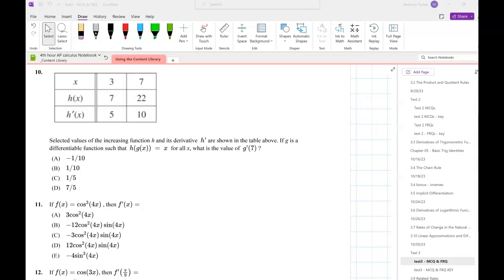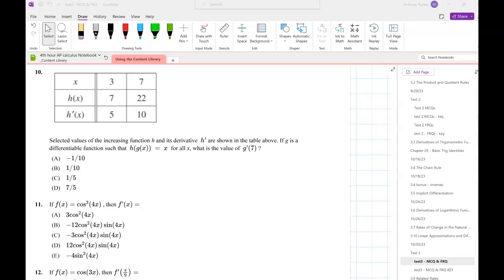If I do g of both sides of that equation, I have g of h of 3 is equal to g of 7. So there's a g of 7, right? That's good, I need that. I just need to figure out what g of h of 3 is equal to. Well, if h of g of x is equal to x, then g of h of x has to be equal to x also.